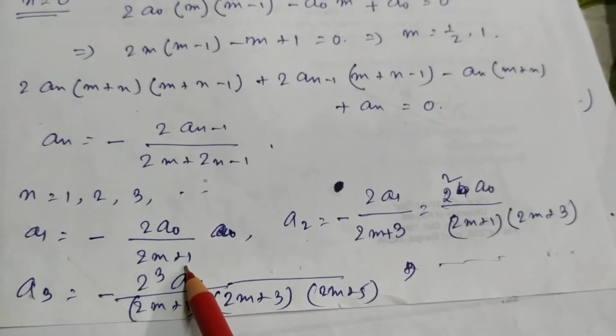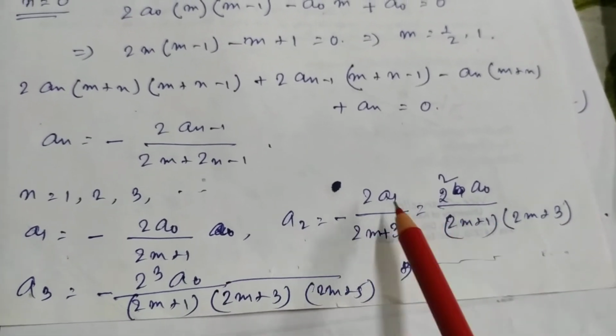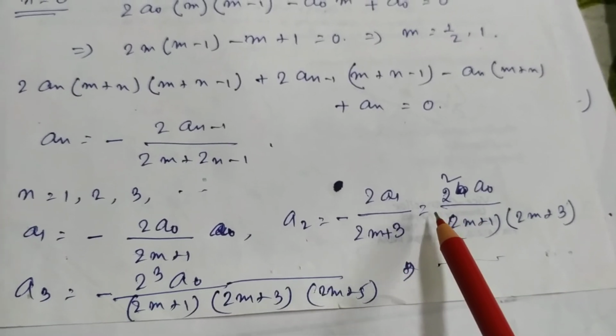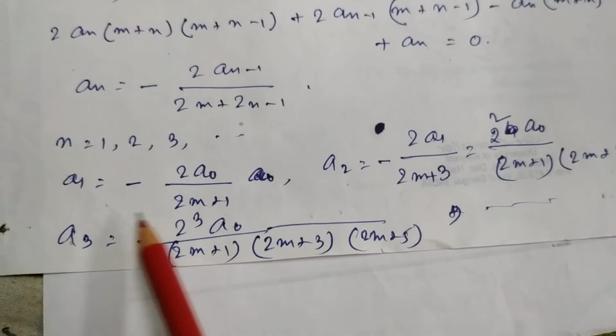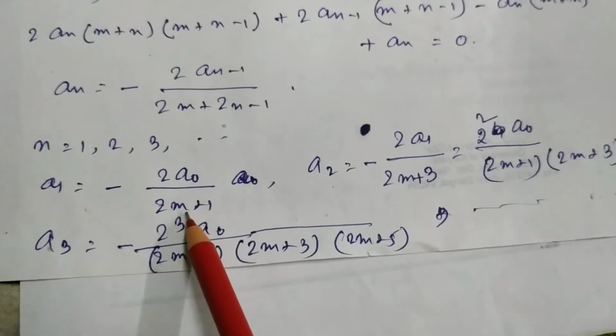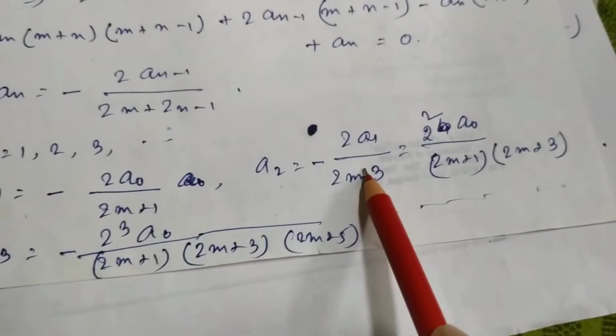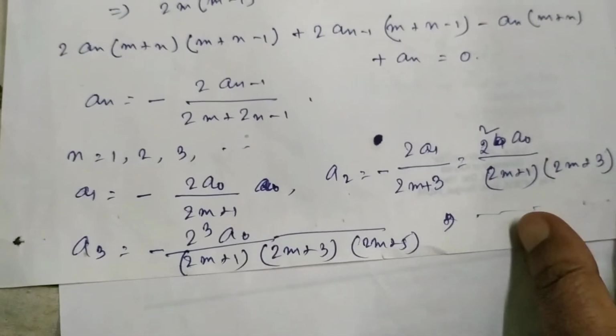The value of a1 is this, so put a1 equal to that value, we will get 2 square a naught into this. In that way we will get a3. So this is a1, this is a2, and this is a3.